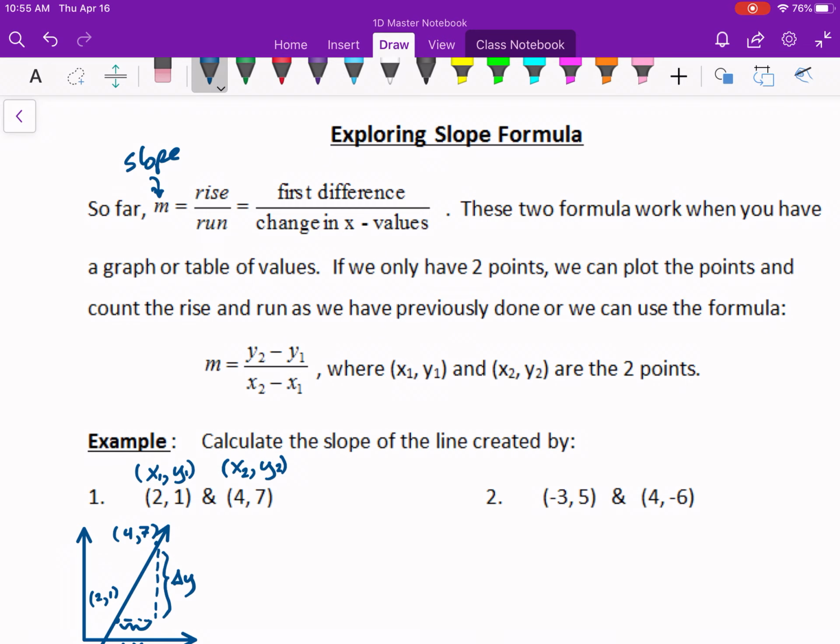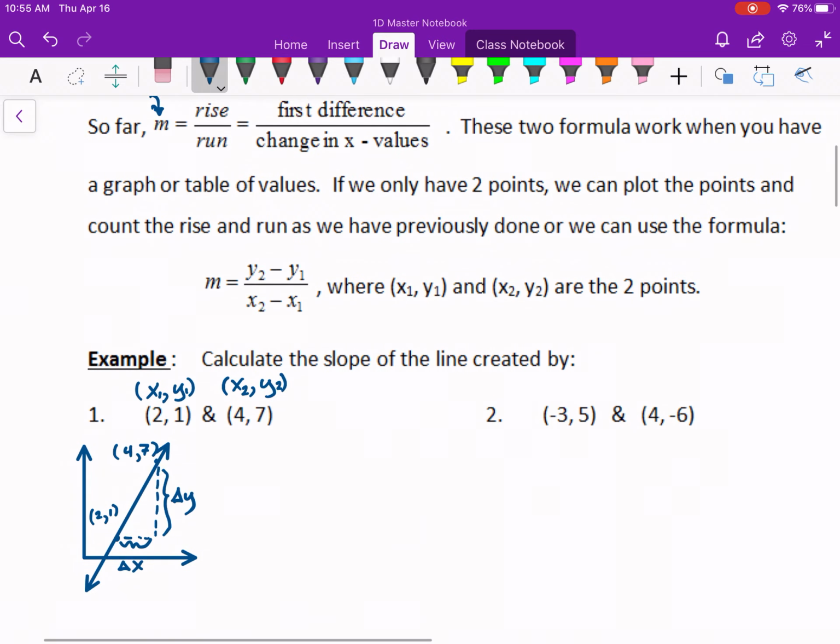So as I've illustrated down below, we can do it if all we have is 2 points. Really, what's change in y, delta y, is really just the difference between the two y's.